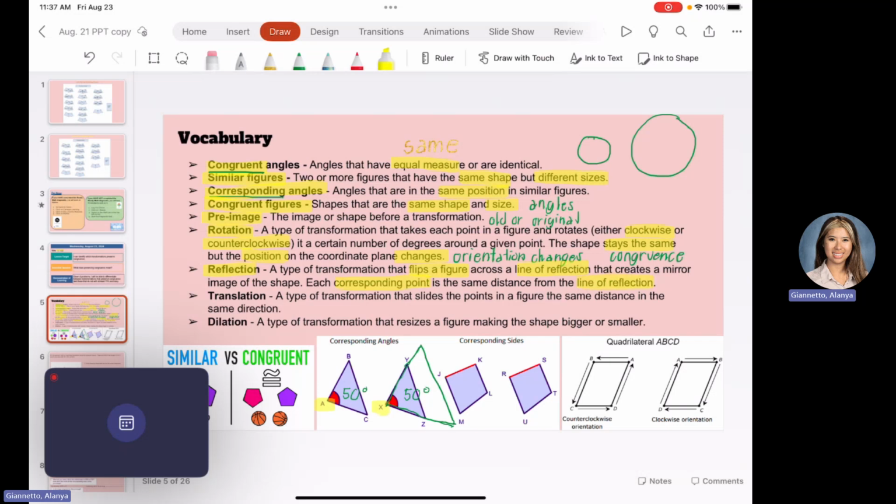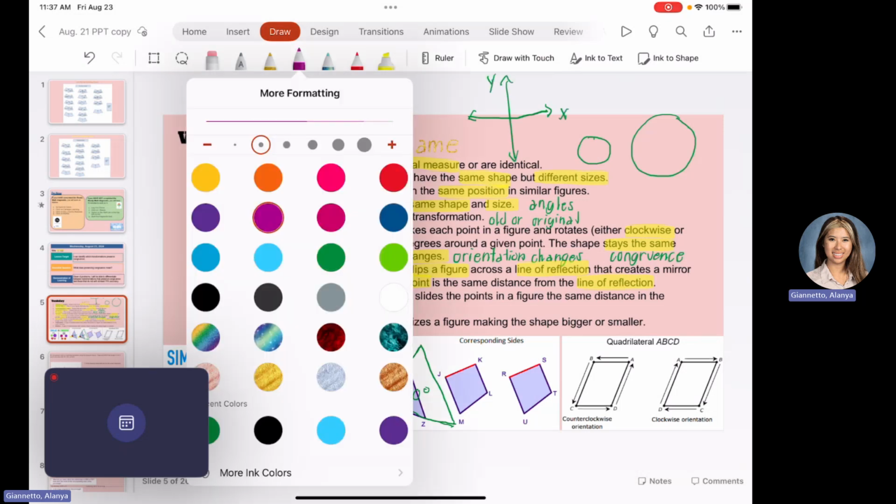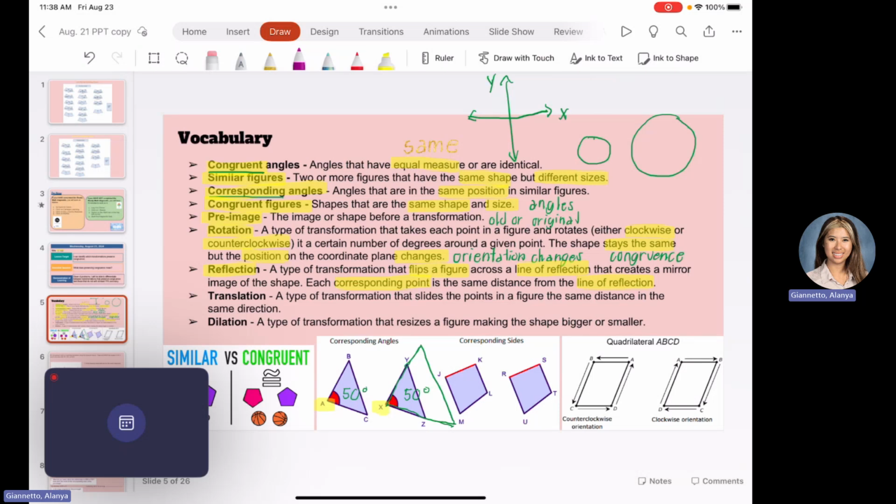So, for example, I'm going to go ahead and draw a small coordinate plane. We have our x-axis and our y-axis. Let's say that we have this triangle right here, and then we have this triangle right here. I'm going to say this is A, B, C. Then this would be A prime, B prime, and C prime.